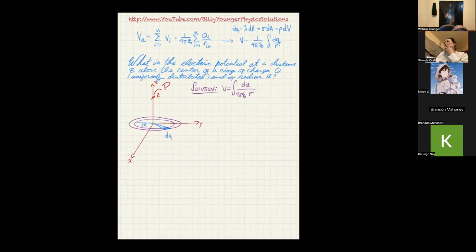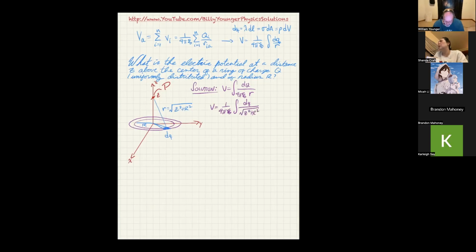The main thing is that the distance between it and the point z is r, equal to the square root of z squared plus R squared. So now I can say V is equal to 1 over 4 pi epsilon naught times the integral of dq over the square root of z squared plus R squared.